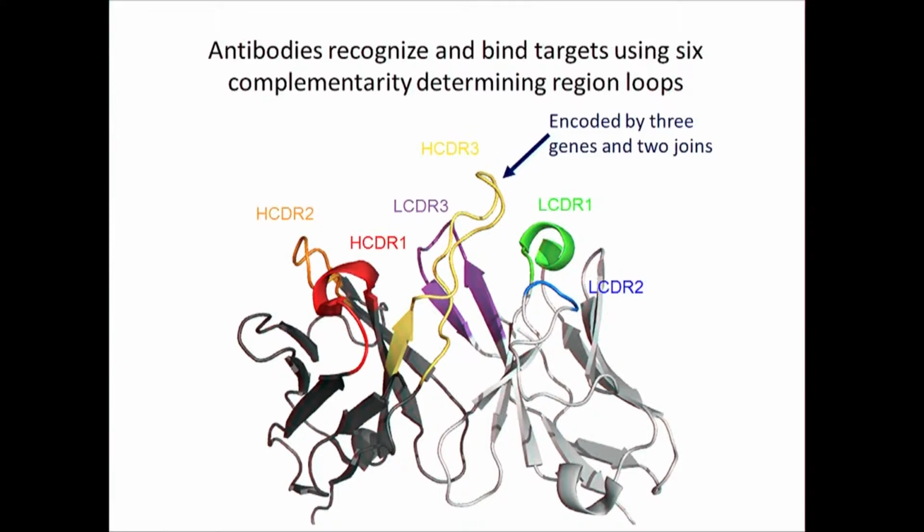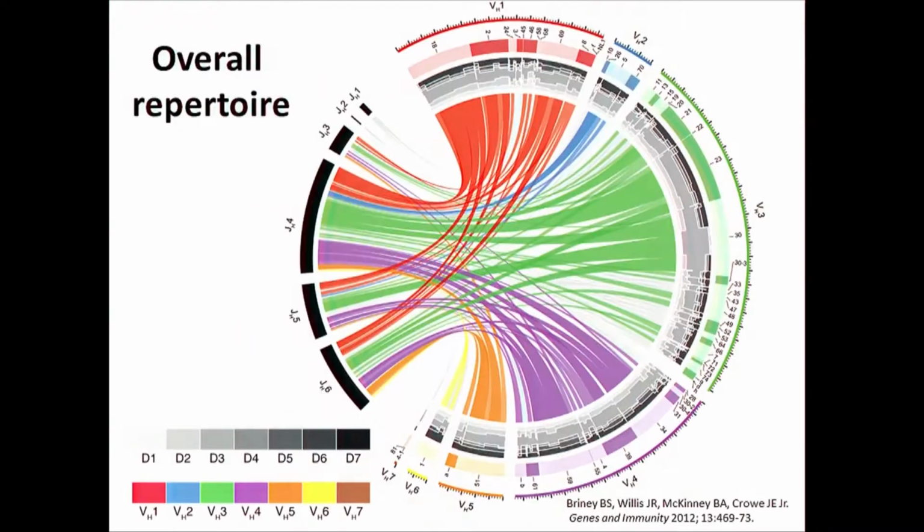So this loop right here is very variable structurally and in sequence, and that's basically how you recognize an infinite number of threats to yourself. In fact, we can make chemicals that have never existed in nature and inject you with it, and you'll make an antibody to it. So the structural diversity of this little loop, the heavy chain CDR3, is enormous, and that's the key to vaccination and immunity by antibodies.